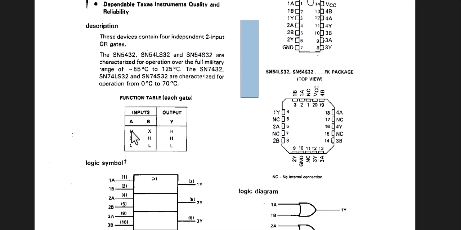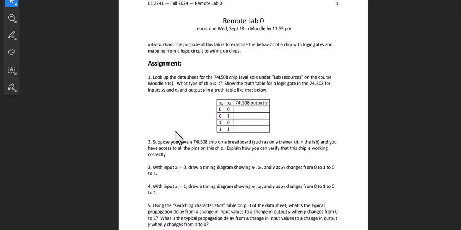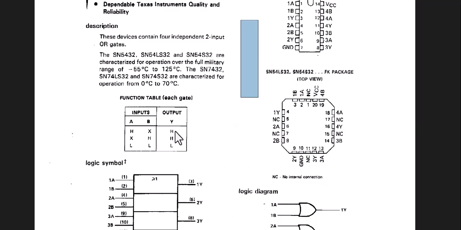So what this is saying is if input A is high and B is anything, then our output is high. So that tells me that when input A is 1, no matter what B is, 1 is my output. And then it says when input B is high and A is anything, then my output is also high.